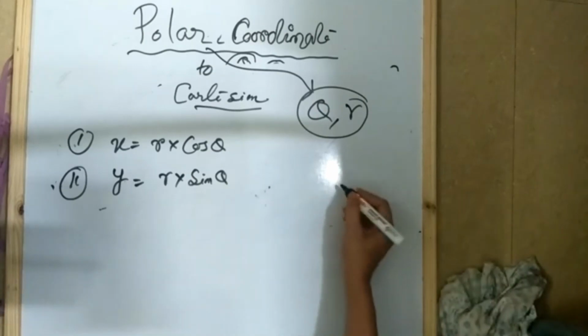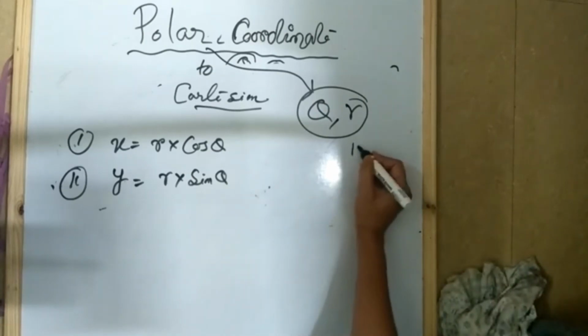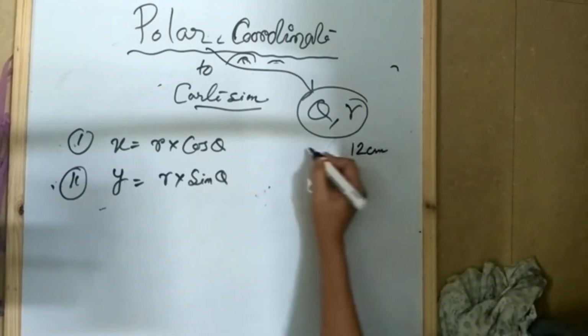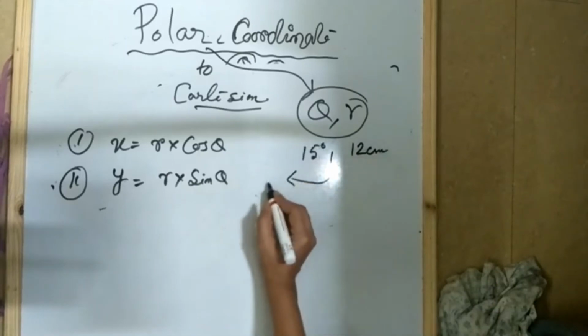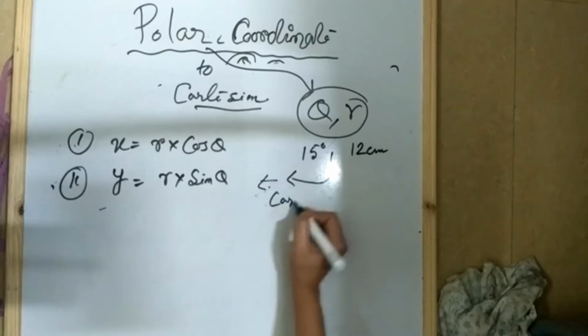So suppose r is equal to 12 centimeter and theta is 15 degree. You have to convert into Cartesian.